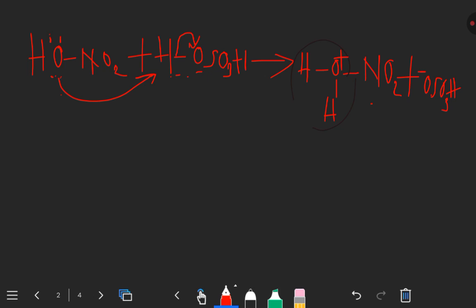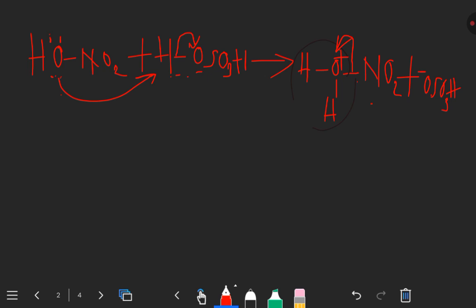So this water will leave, and once it leaves, this nitrogen here will become positive, because the electrons there go to this oxygen, neutralizing its positive charge.